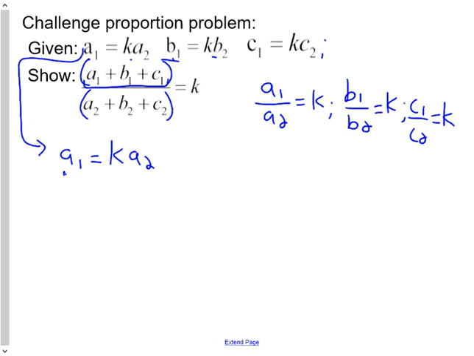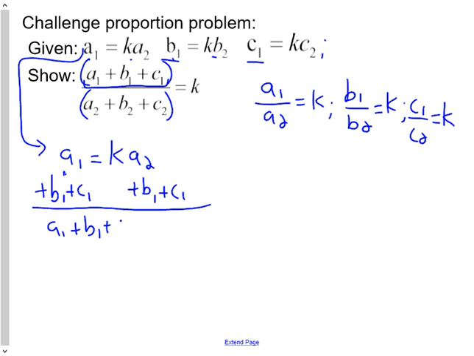So I'm going to add B1 and C1 to both sides. This is what I'm doing, showing the work, just so you're not like, what? Where did they all come from? We get A1 plus B1 plus C1 equals K A2 plus B1 plus C1. Notice, I did not add KB2, KC2 to the right side. We can substitute for that.